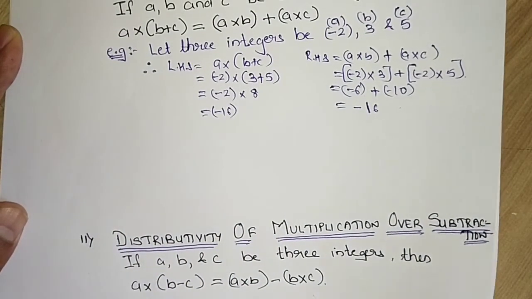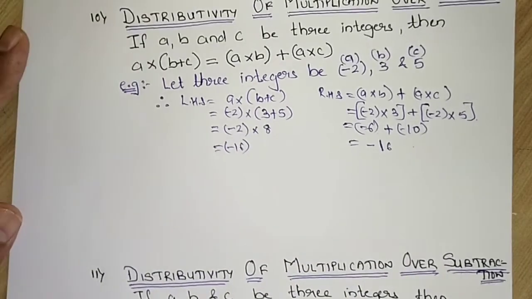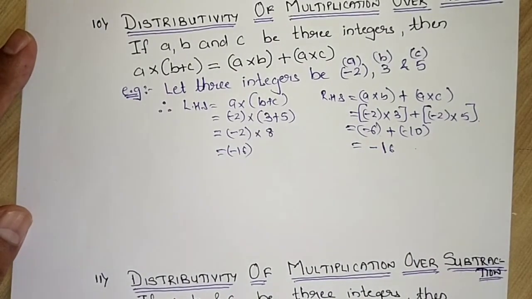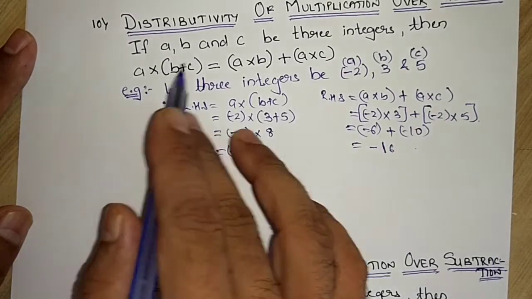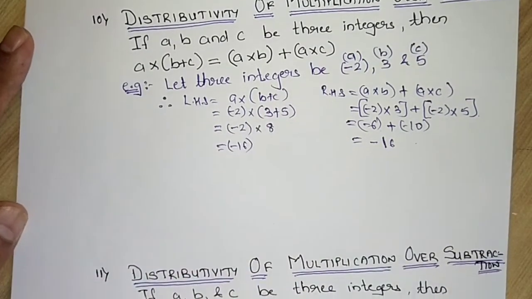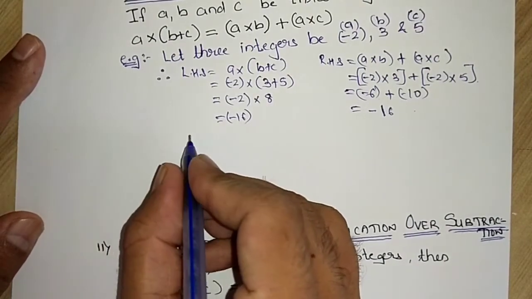So if they have given us three numbers and you want to apply distributivity of multiplication over addition, you will apply like this also. Let us see how we can apply.